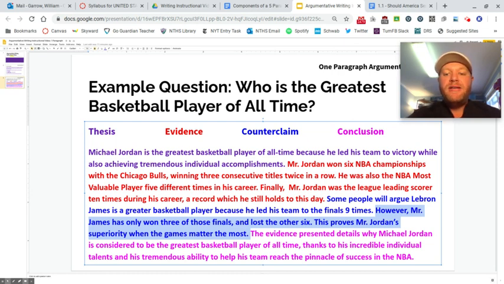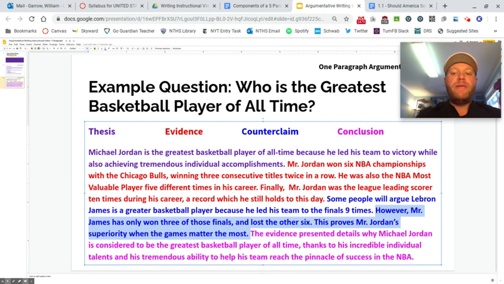In my opinion, the evidence shows that it is in fact Mr. Jordan who is more successful because he won all of them rather than losing any like Mr. James had, right? So I've addressed the other side of the argument now, the counterclaim, the idea that Mr. James might be better. So that's the third piece of a one-paragraph argumentative write, okay?